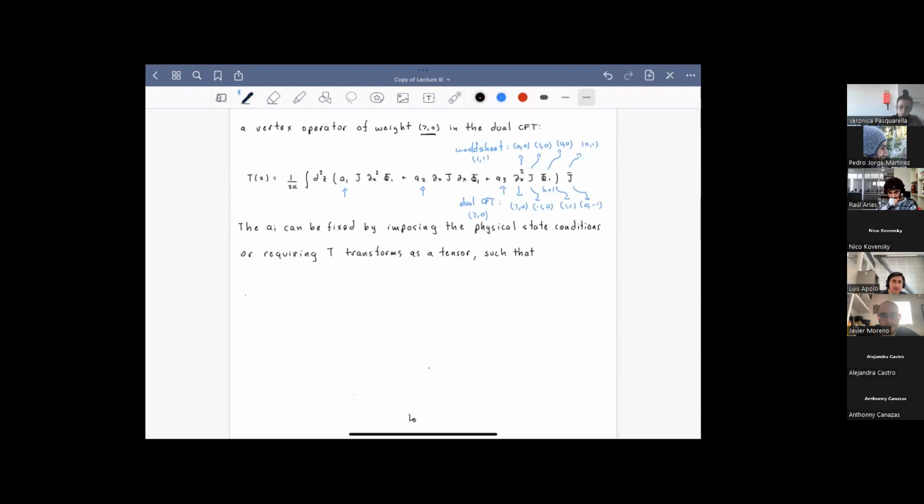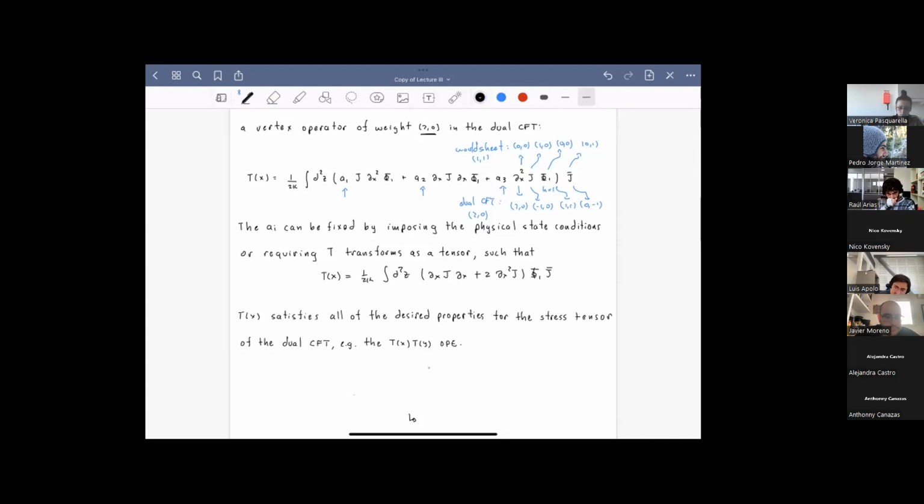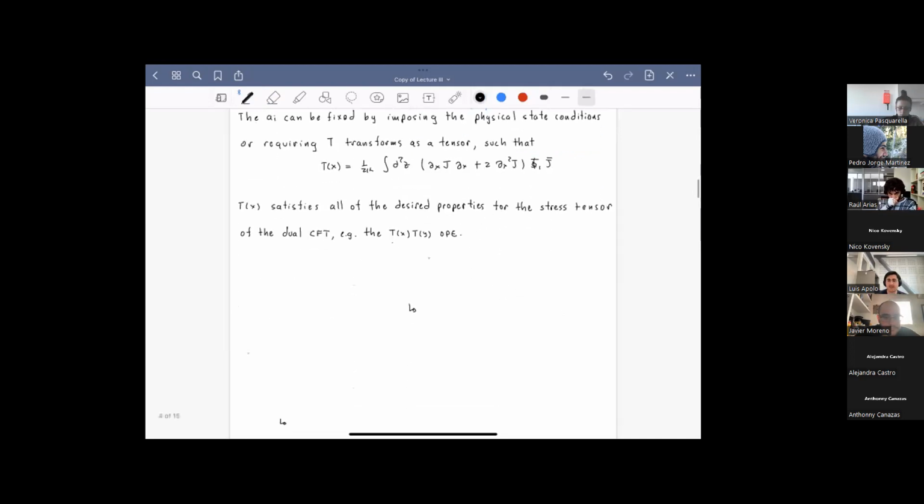So what you find at the end of the day is that this object is given as follows. Okay. And it meets all of the properties that we expect from the stress energy tensor of the dual CFT. In particular, it satisfies the TT OPE.